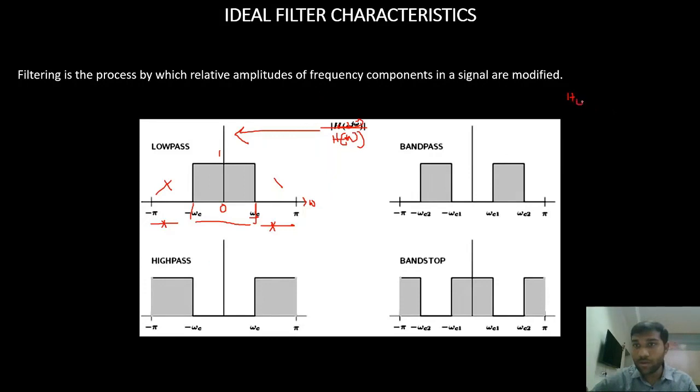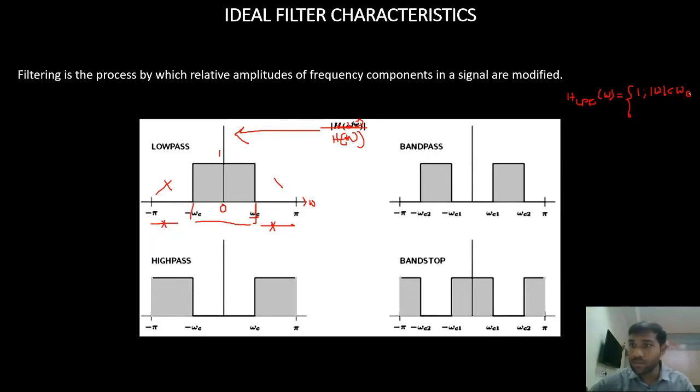H low pass filter of omega. How is it defined? If you look at the picture here, it is defined as 1 for mod omega less than omega c.